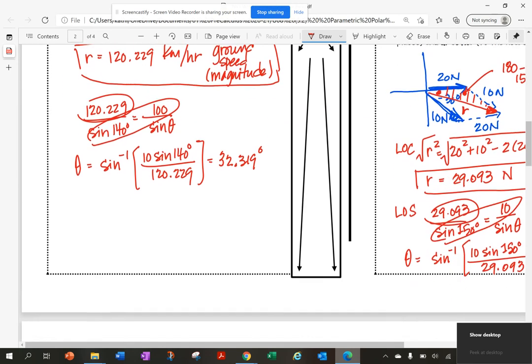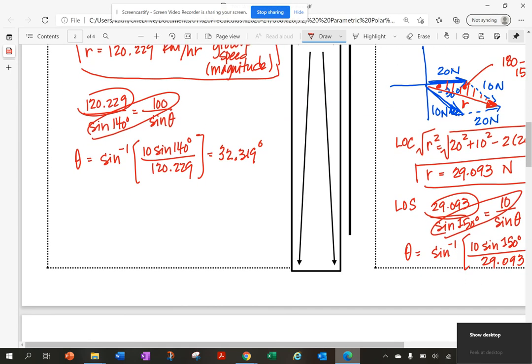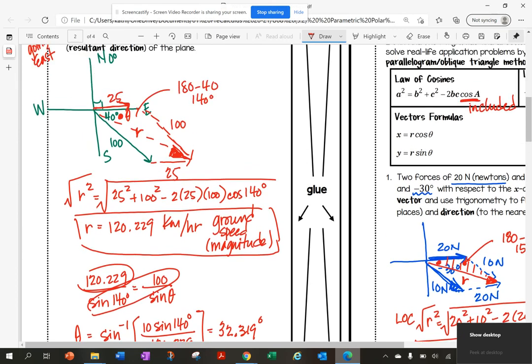The course is from north. So this is the direction from north. This is 32 degrees in the negative direction, so I'm going to add 90.